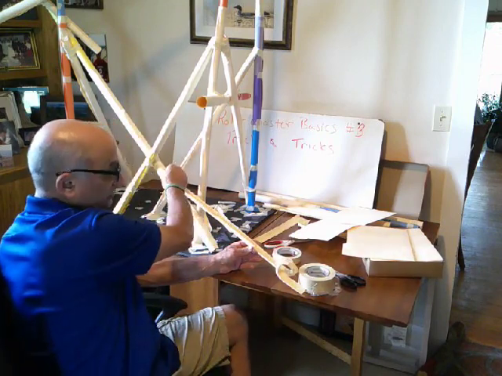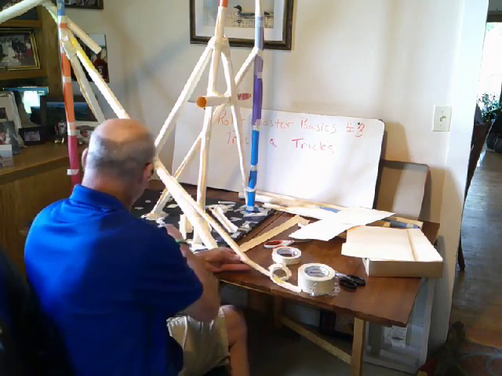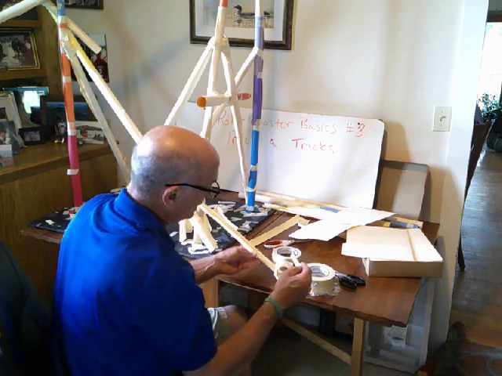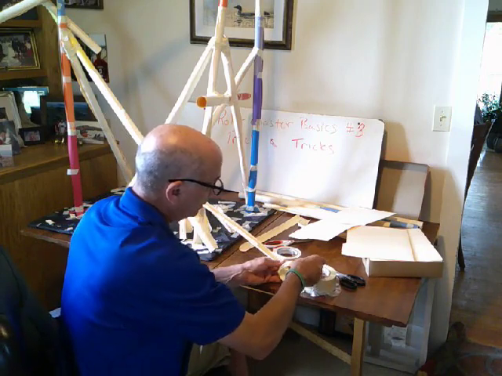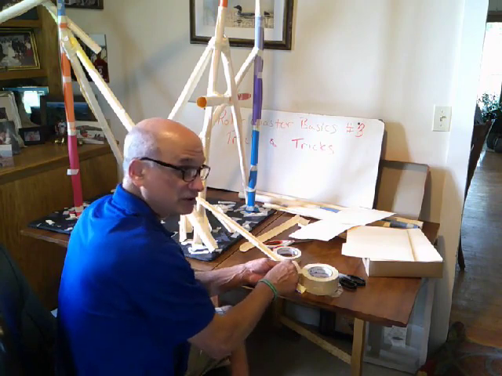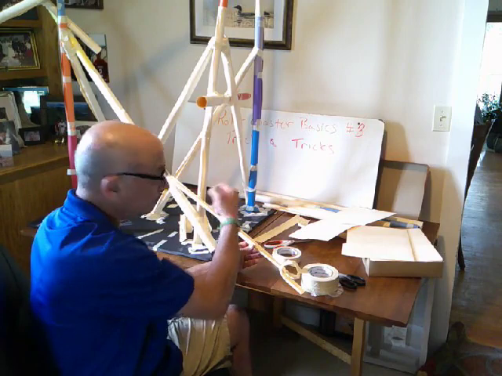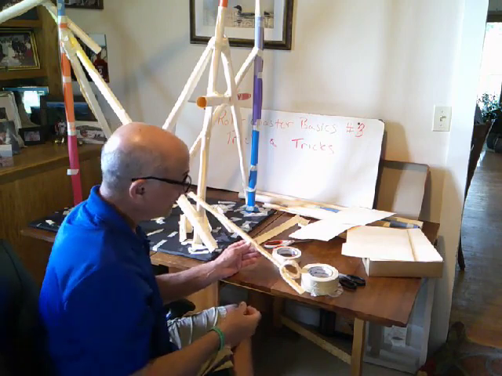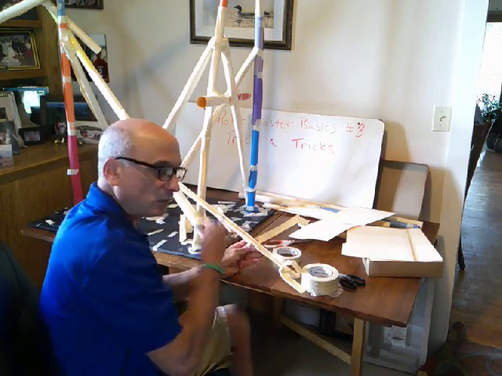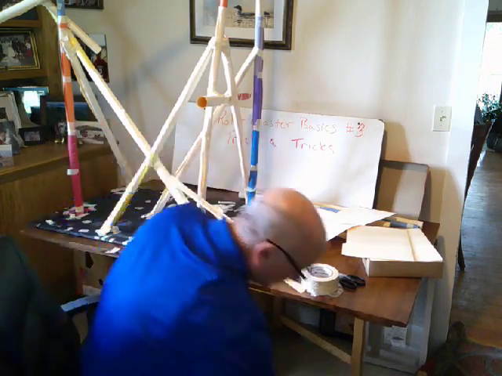Let's see if it'll do it this time. It's a little loose. Let me tape it so you can see. That's a good demonstration of what happens if you don't tighten it up. That looseness, that wiggle, keeps the marble from traveling all the way through. There you go.